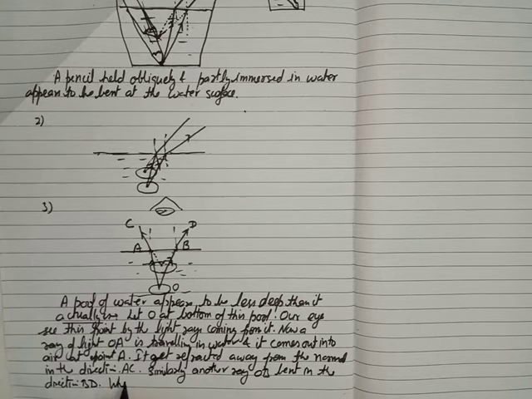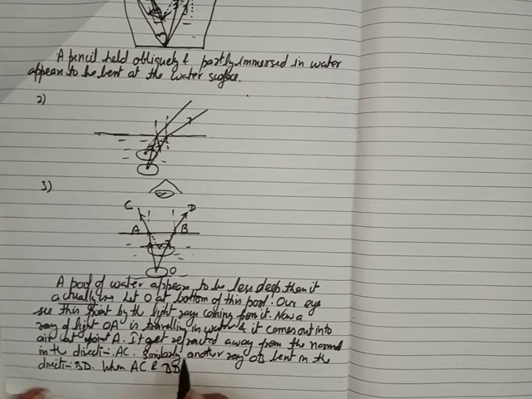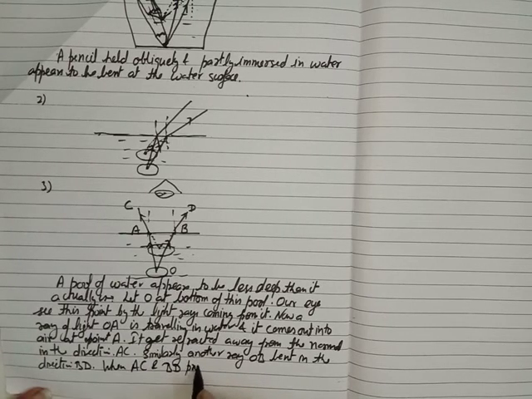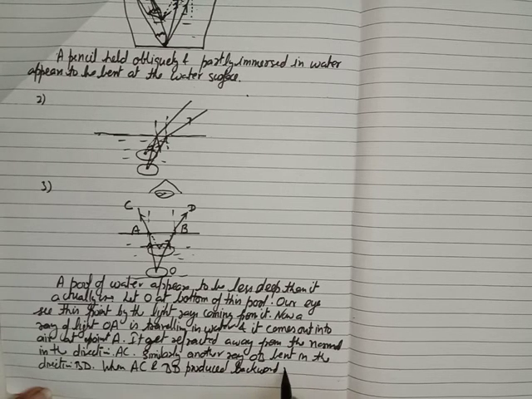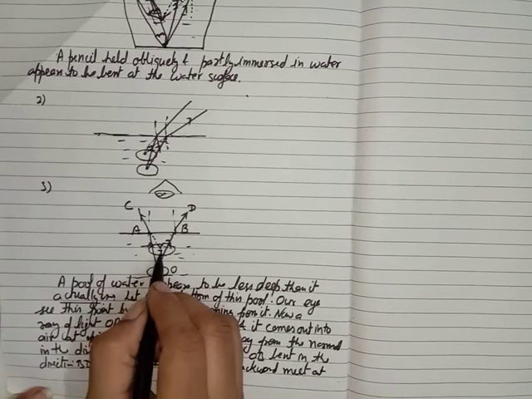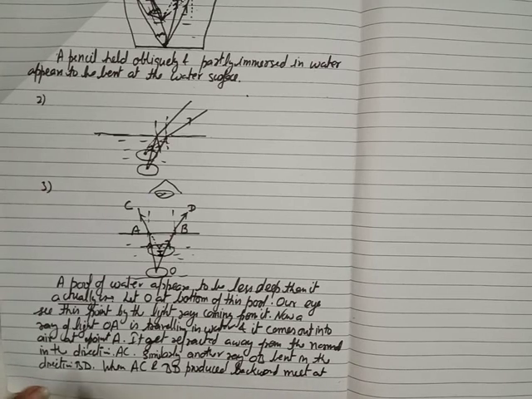When the two refracted rays AC and BD are produced backward, they meet at the point I for the image, underwater.